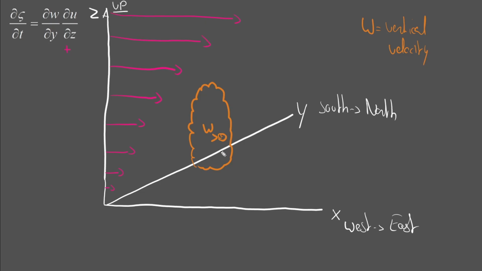So if you want a thermodynamic updraft, there's vertical velocity, obviously, otherwise you don't have an updraft, which means that w is greater than 0. There is vertical velocity here. There is a cloud growing, okay?